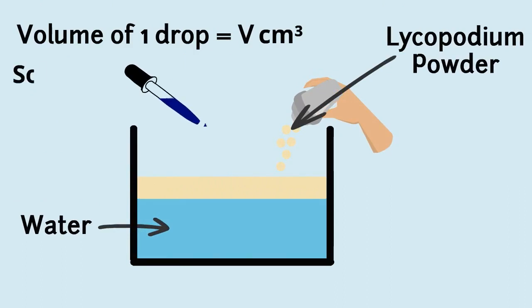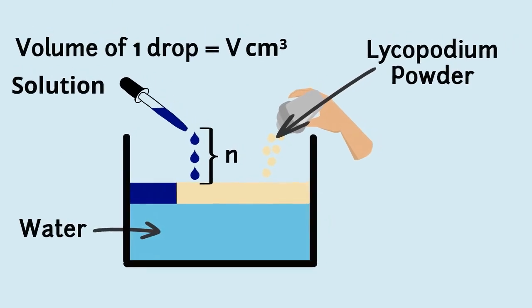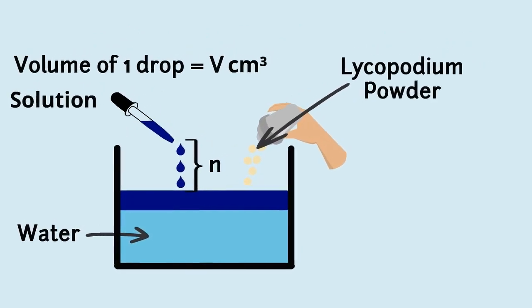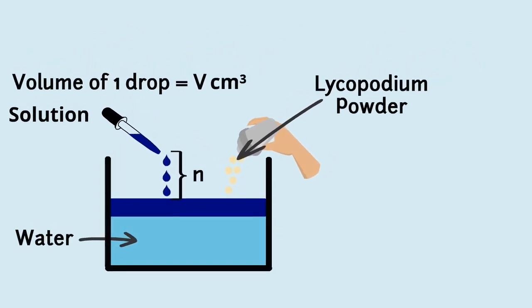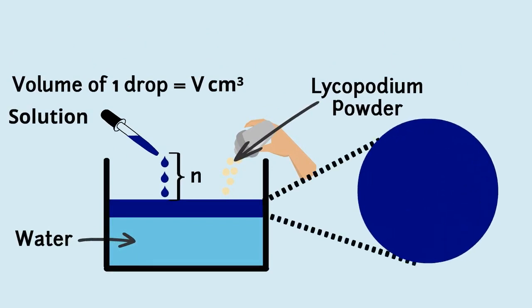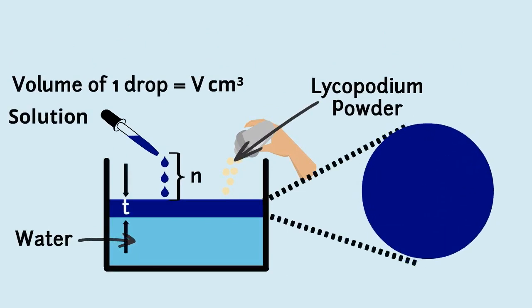Put some drops of the solution in water. Suppose you drop n number of drops. These drops will spread over the surface of water and form a circular shape of thickness T.